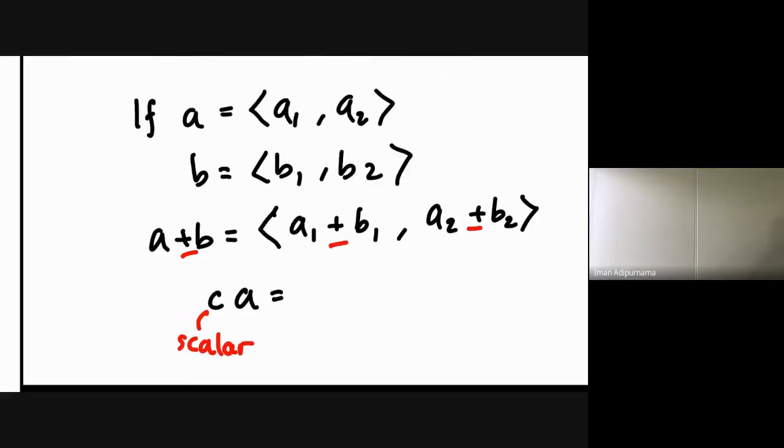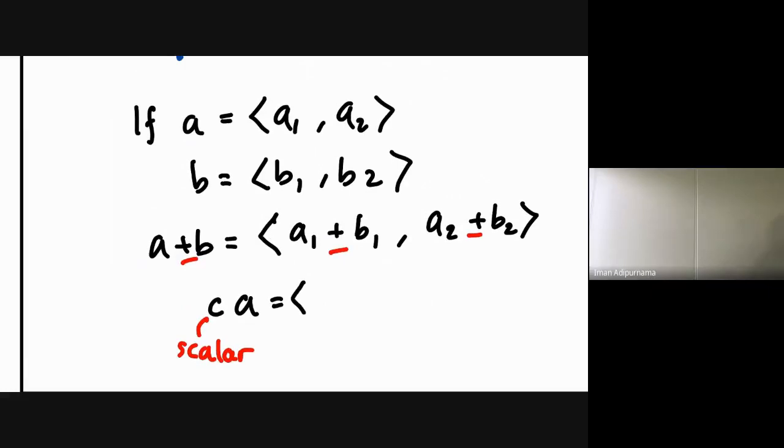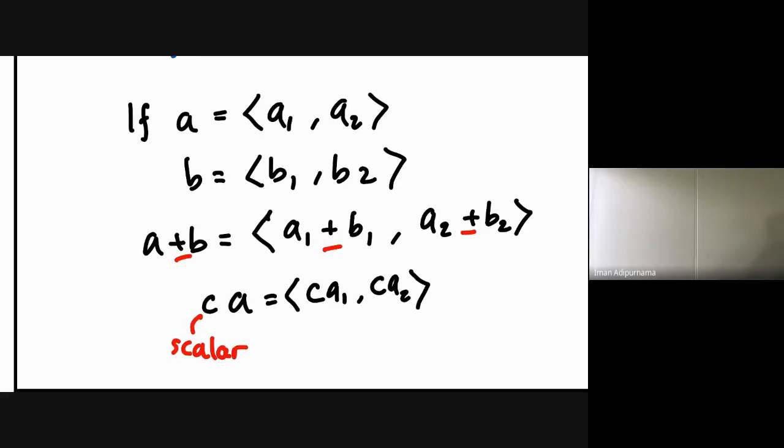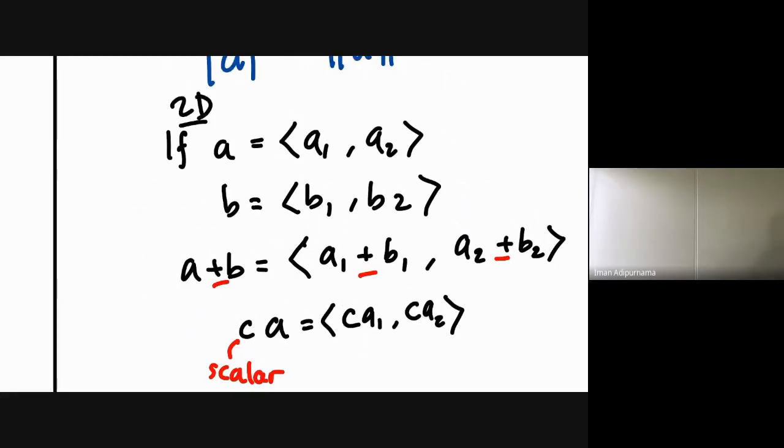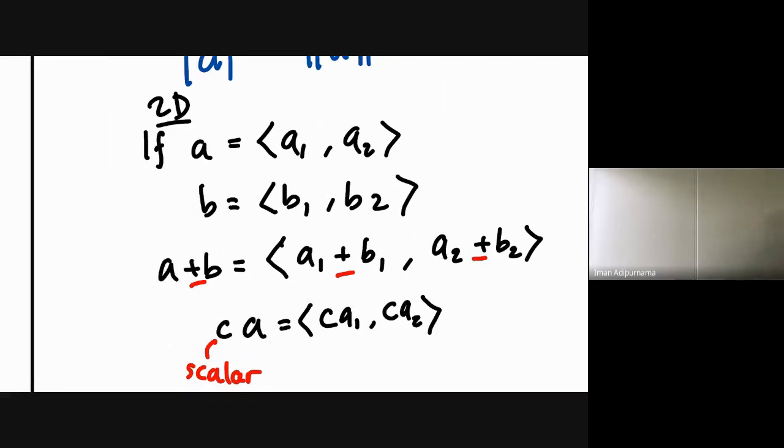Let's say this is the scalar. So you can multiply with the scalar, and you'll get c a1 and c a2. And the same for three dimensions. So this is for two dimensions. The 3 dimension is also the same. Okay, this is very basic. I think you already know.